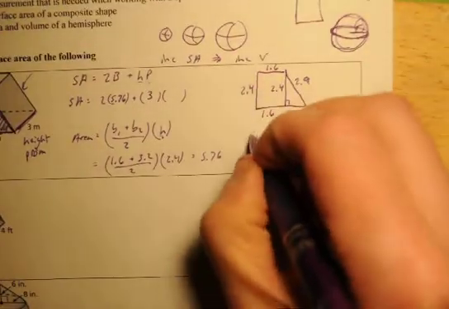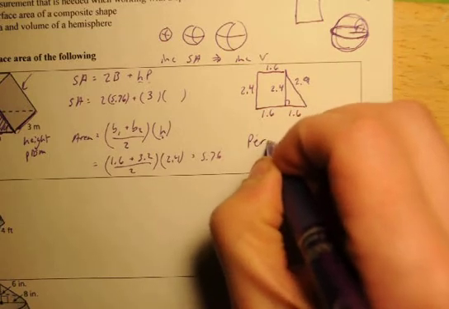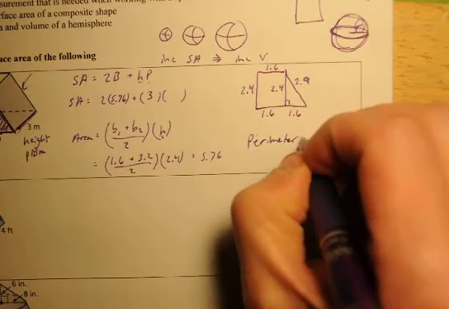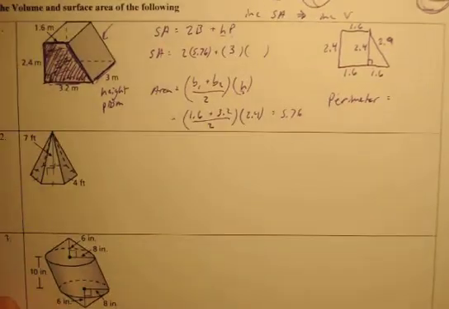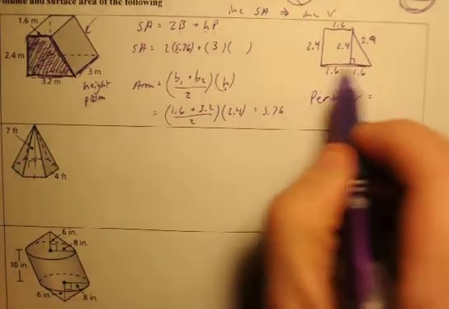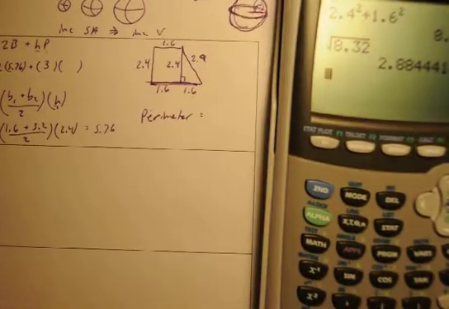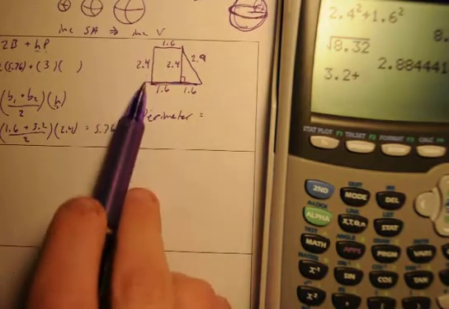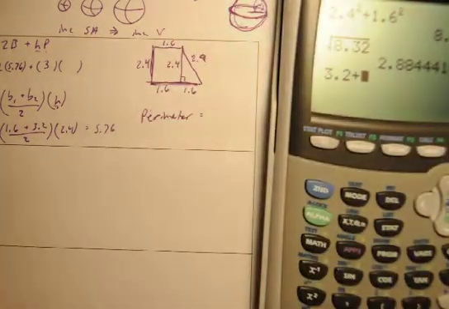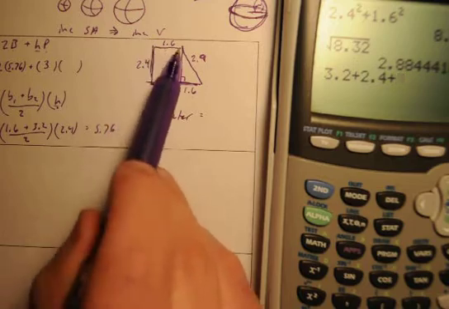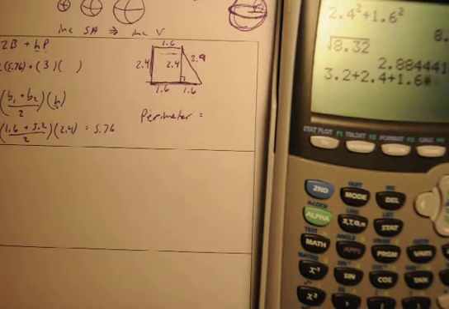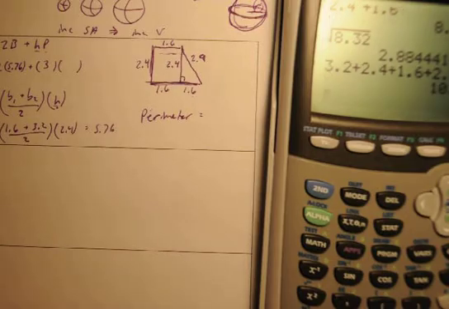So therefore the perimeter of this shape would be 3.2 plus 2.4 plus 1.6 plus 2.9, 10.1.